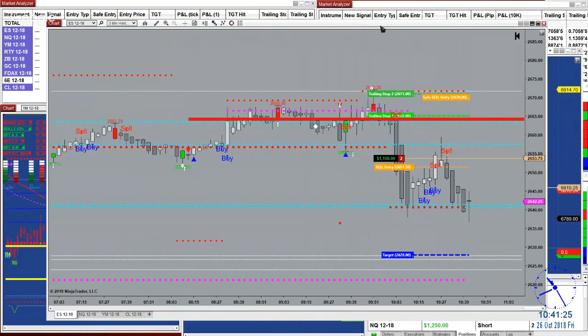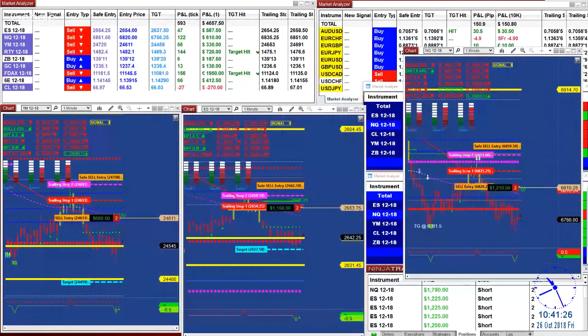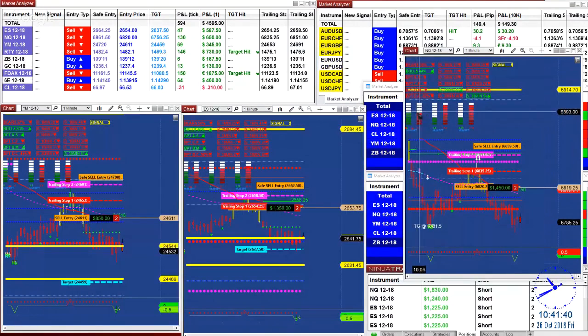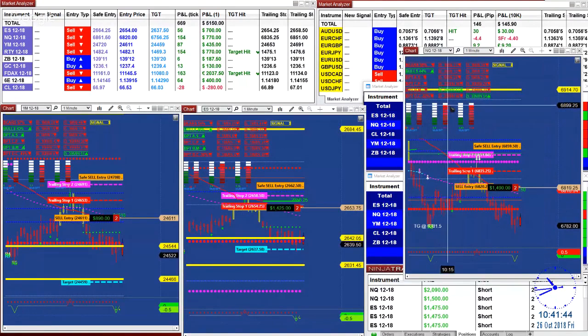So if we look at it in a little bit more detail here, this is the measurement we give you with the 6 different time frames. The sellers are over the buyers, and the amateur traders are lost here.